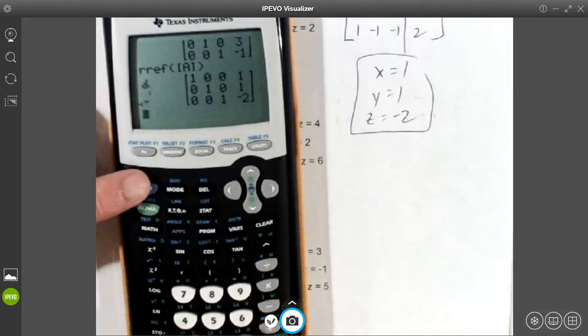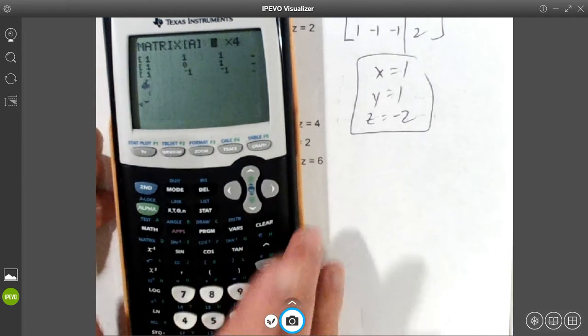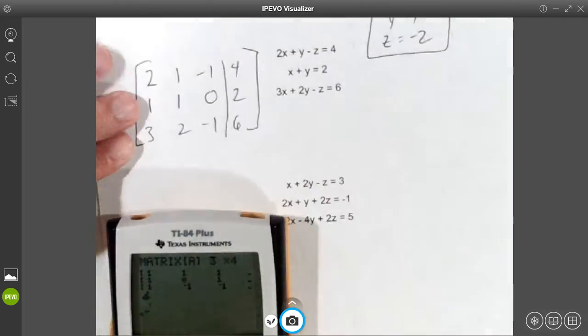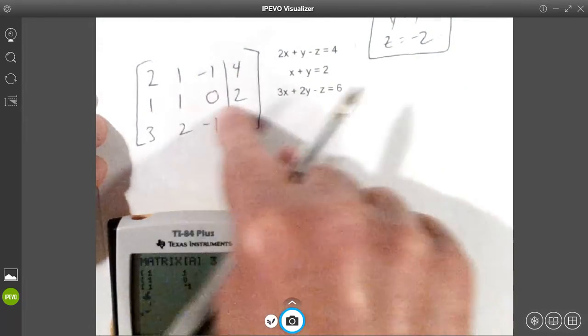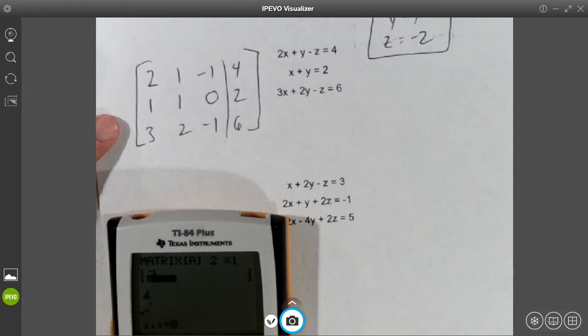So let me enter that in. Second matrix, and I go over to edit. Now I'm going to enter those values again. Remember, I'm entering them row by row. So 2, 1, -1, and 4, 1, 1, 0, 2, and then 3, 2, -1, and 6.